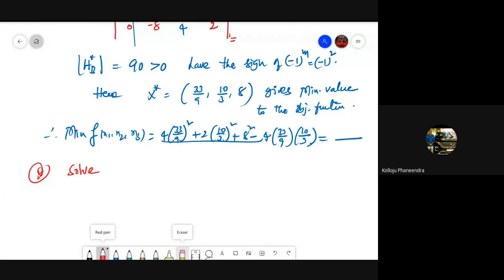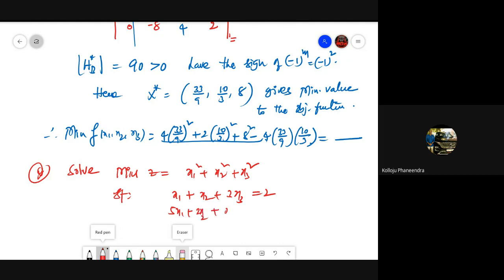Solve: minimize z equal to x1 square plus x2 square plus x3 square, subject to the constraints x1 plus x2 plus 3x3 equal to 2, 5x1 plus 2x2 plus x3 equal to 5, x1, x2 greater than or equal to 0. Okay, try this.